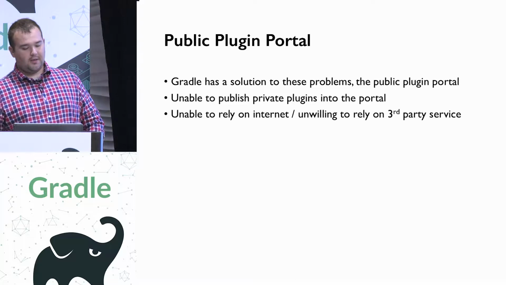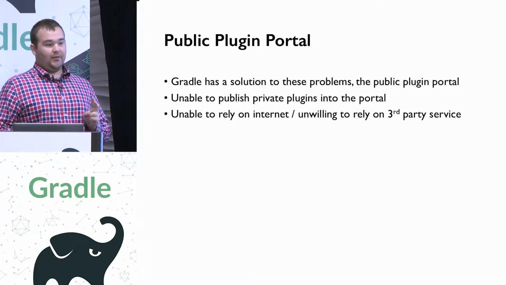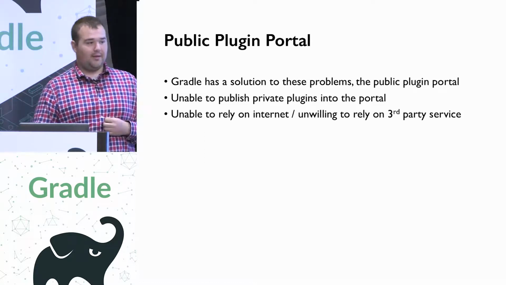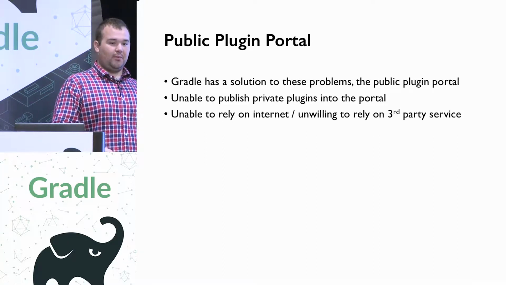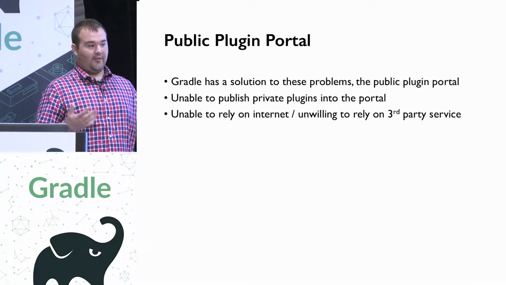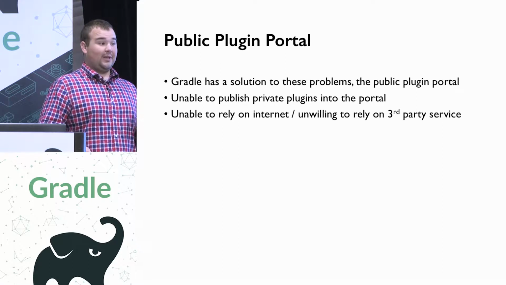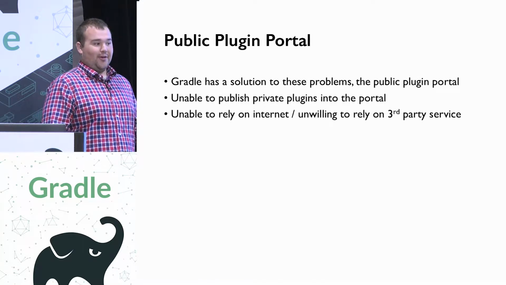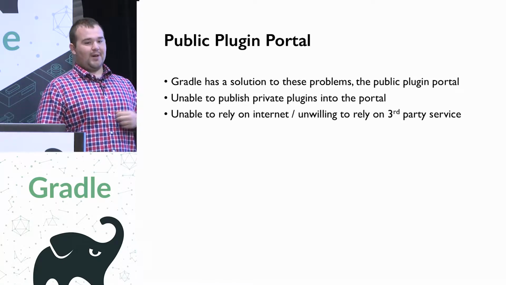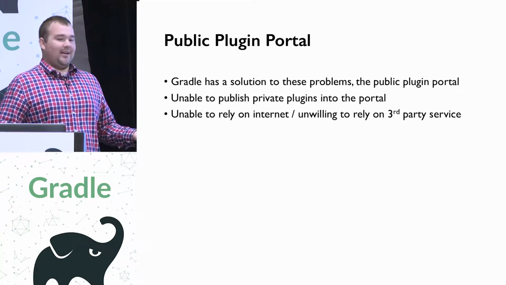And as we talked about, the public portal has a lot of these nice features. However, it doesn't have two things that are really important for me as an enterprise. I'm not willing to publish my private plugins to a public source because I have custom things. I don't want to let that leak out. And I'm not willing to rely on a third-party service running in AWS that has known outages to cause my builds to fail. If I get called because AWS is out, I'm kind of screwed, right?